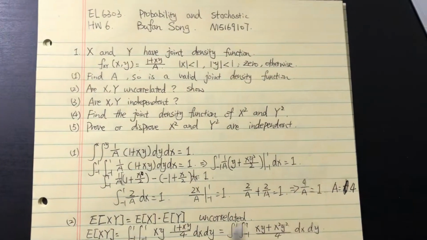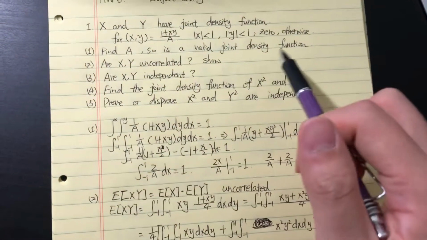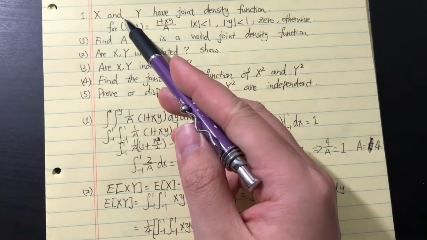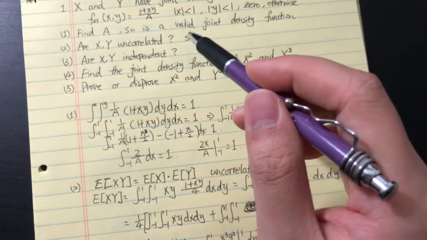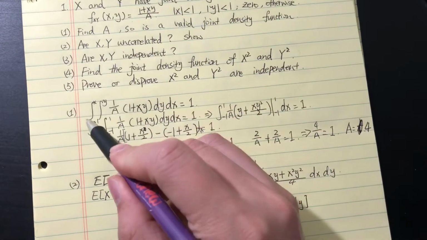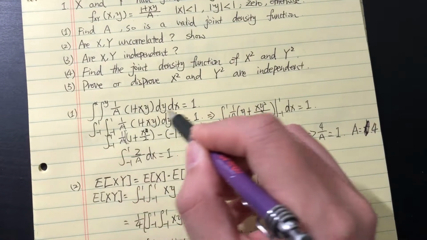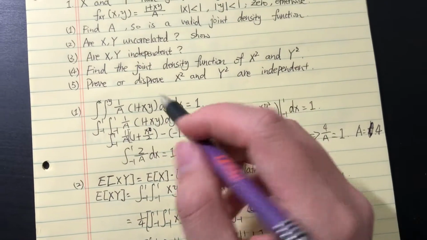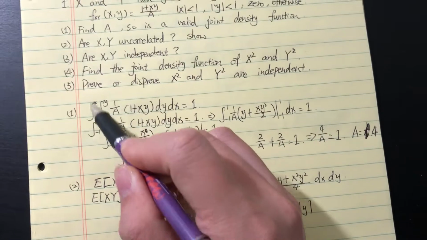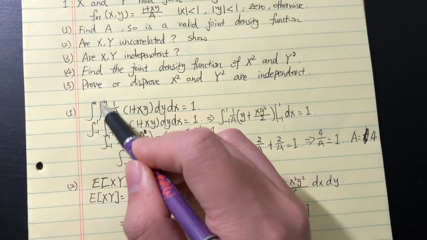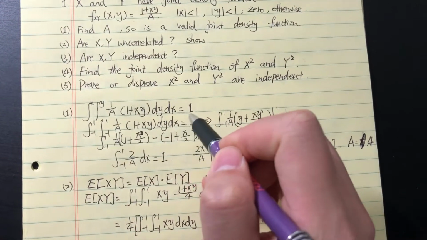For a valid joint density function, when we integrate f_XY(x, y) dx dy, the area has the value 1. So by integrating over x and integrating over y, we have 1.